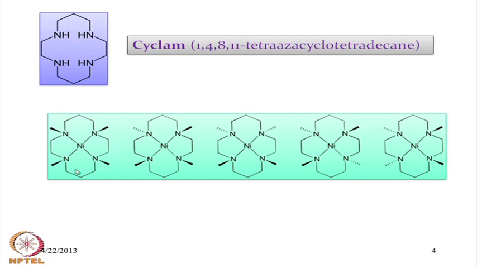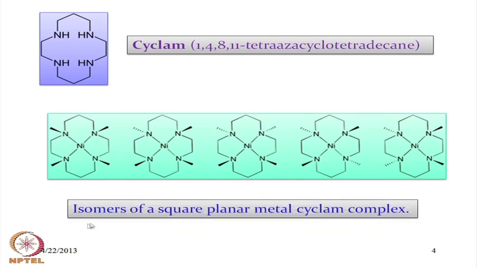So, when 4 of them are up, we have this geometry, when 3 of them are up this. So, in this sequence we can have all these possible isomeric forms when simply the nickel is bound to cyclam. So, we have the corresponding square planar complex, and metal cyclam complexes are all isomeric in nature depending upon the corresponding orientation of the N-methyl or N-ethyl groups.